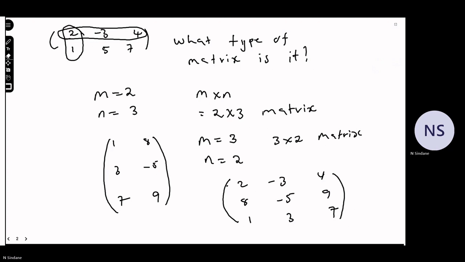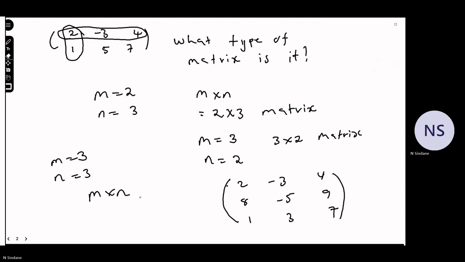You can clearly see that the number of rows, M in this case, is 3, so M is equal to 3, right? And N is equal to 3. This makes it a 3 by 3 matrix, right?